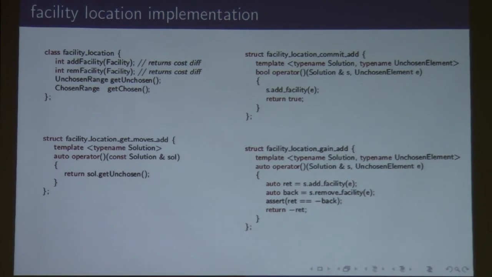Yes, that's the right observation. This is just a toy problem, and if you want to optimize it, you can optimize it. And yes, that's right, this is just a toy problem, and this may not be the best.